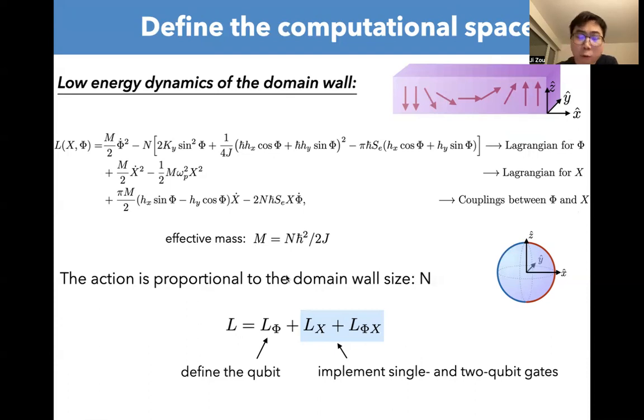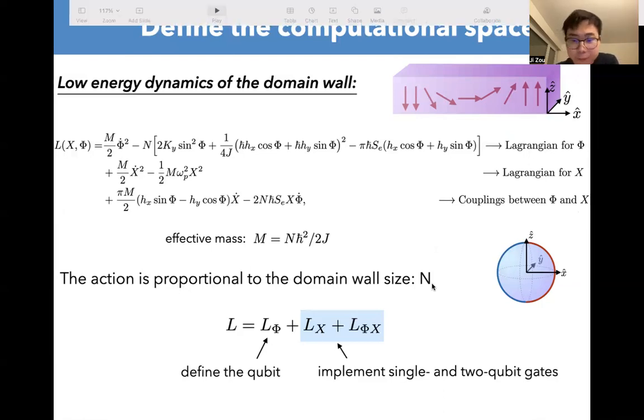At this point, we can already guess that the lifetime of this domain wall qubit, basically the quantum coherence, would decay within a lifetime that is inversely proportional to this domain wall size. And we will show this explicitly later.